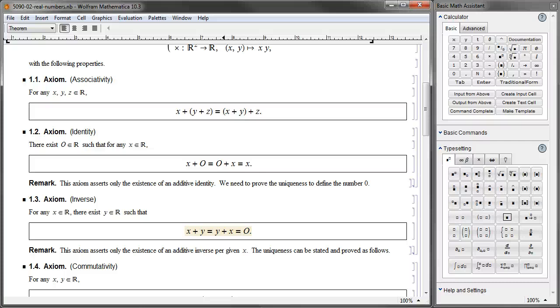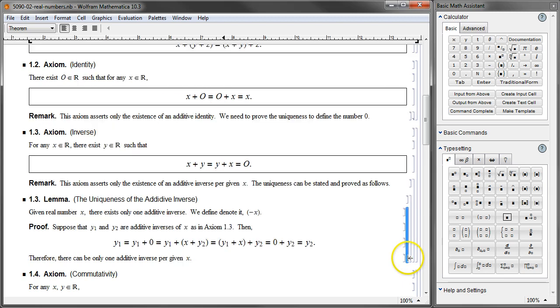Well, as a matter of fact, we can prove that there is only one. Let's suppose there are two additive inverses of x, y1 and y2. We can prove that they are the same, kind of like this. y1 is equal to y1 plus 0. Why? Because 0 is the additive identity, so it doesn't change anything.